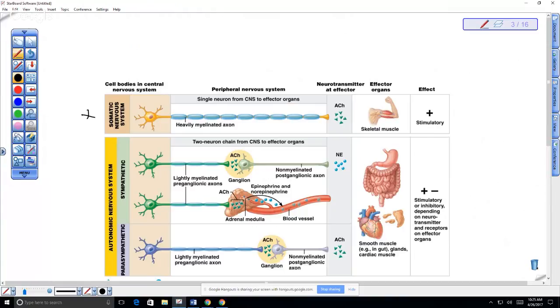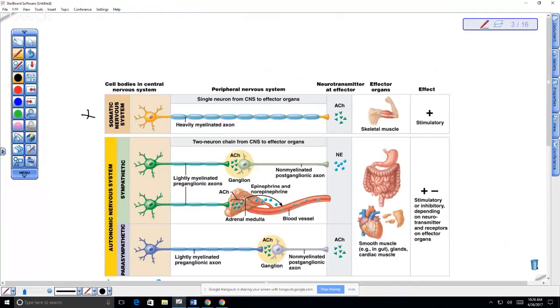Okay. So the difference between this and what we see in the autonomic nervous system is that there's not just a single neuron going out to the effectors, but there's actually a chain of neurons. So we have two neurons that extend out into the body, and the nerve cell bodies reside in ganglia that are outside of the central nervous system.